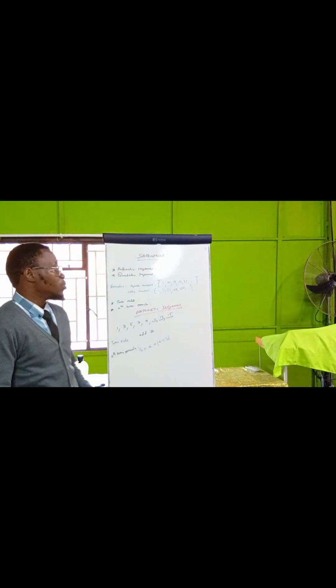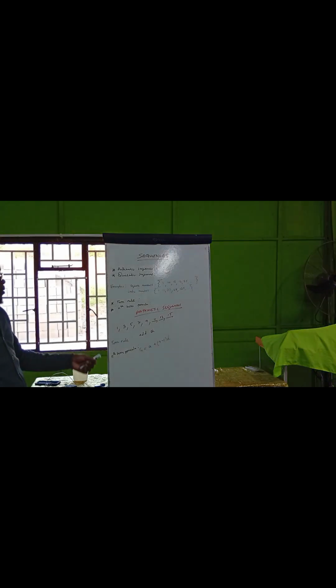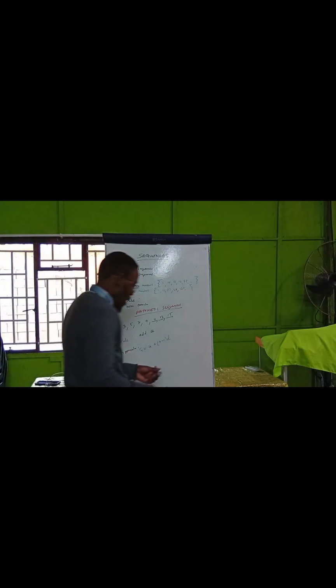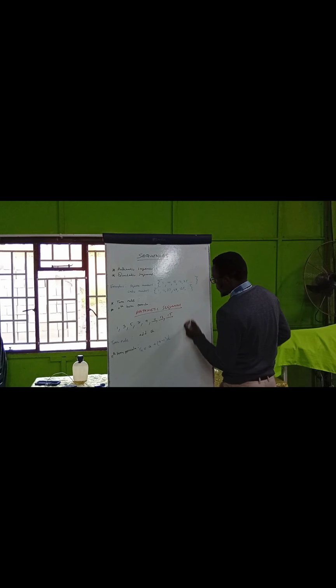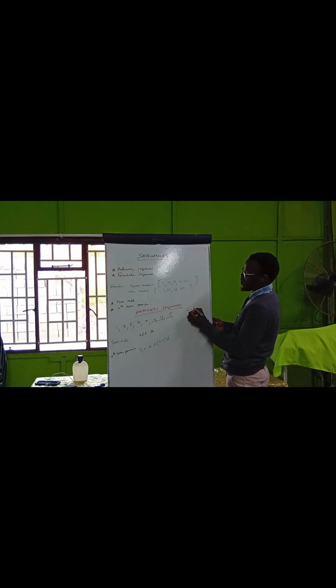Now, of course, we need to explain what the value of n stands for and the value of d as well. So Tn stands for the term. And then a is the first term in that particular sequence.